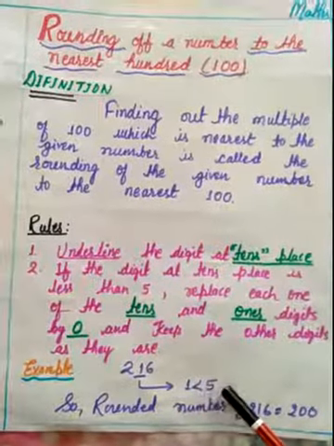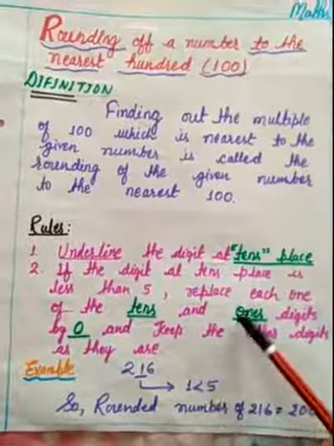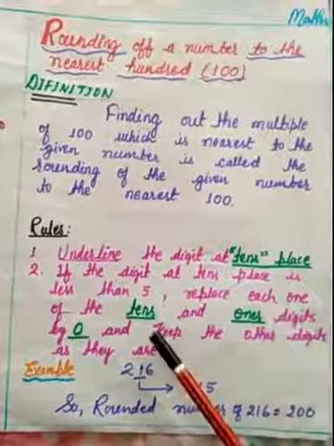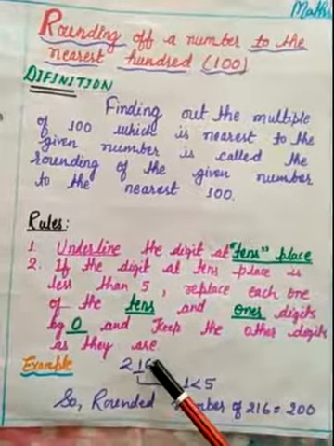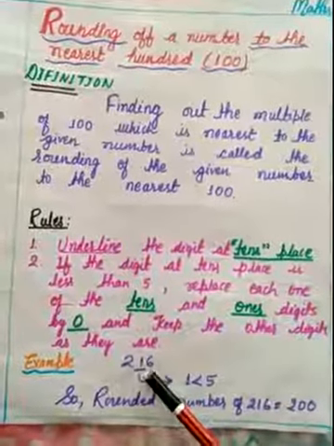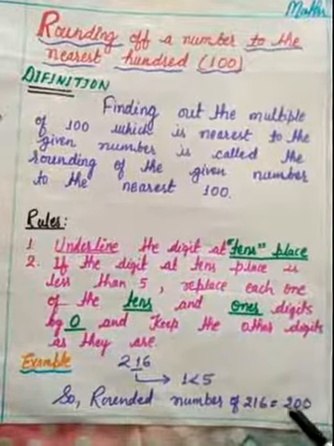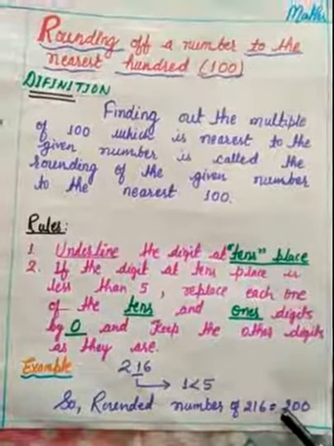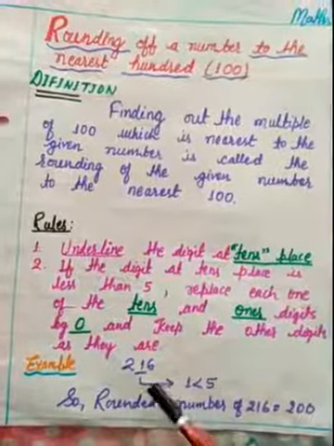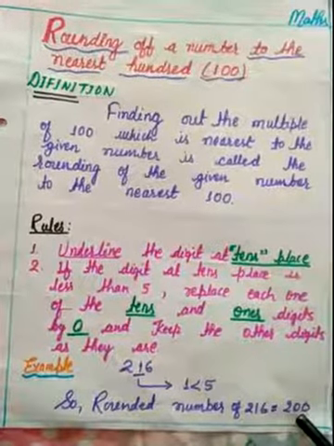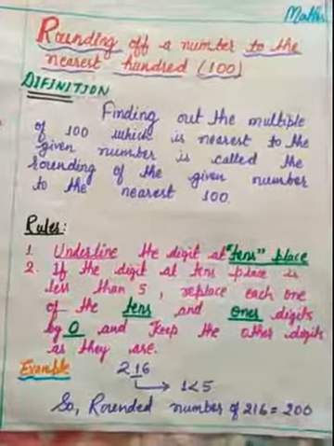So we replace tens and ones by 0 and keep the other digits as they are. So rounded number of 216 will be 200.